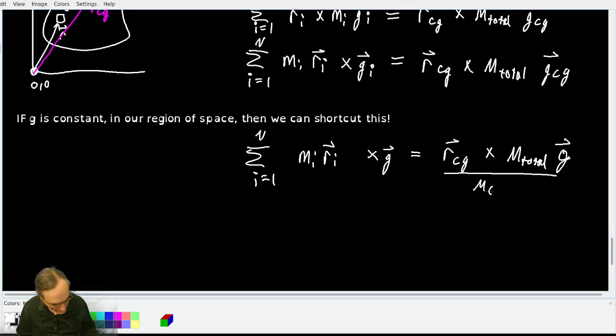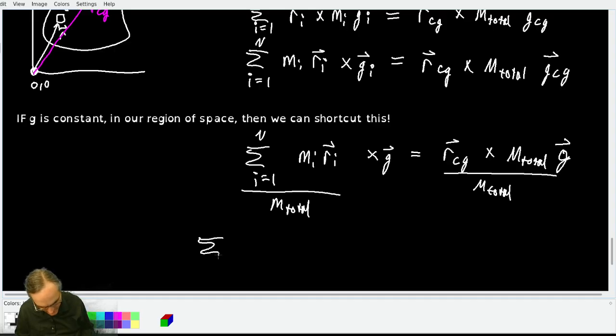I'm going to divide through by M total. And now we have sum of i equals 1 to n mi ri all over sum of mi, which is equal to our M total.